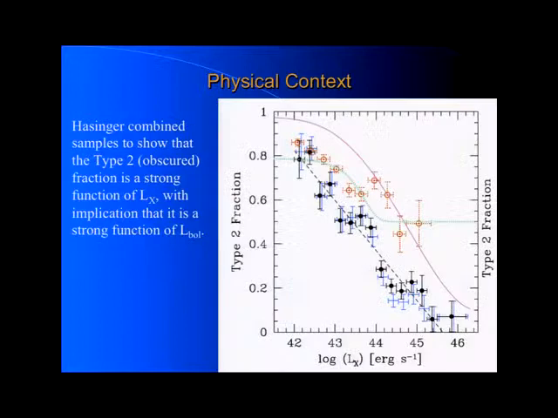I picked a Günther Hasinger graph or two just to show graphically what is going on, because he amalgamated some samples and showed that there's a huge correlation between the obscured fraction and the total X-ray power, which is intuitively pleasing because you might think that the more powerful objects sort of clear out more of their sky so that you can actually see what's going on.